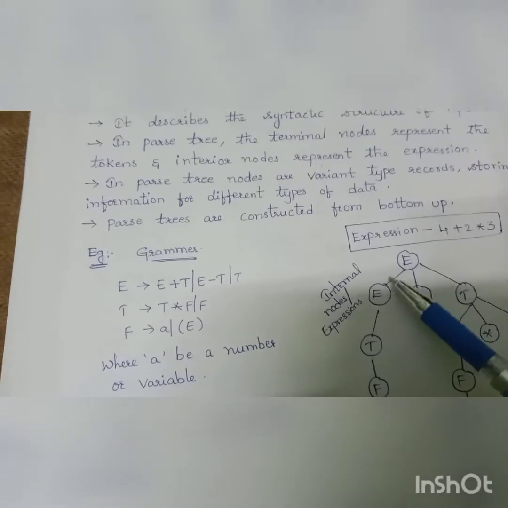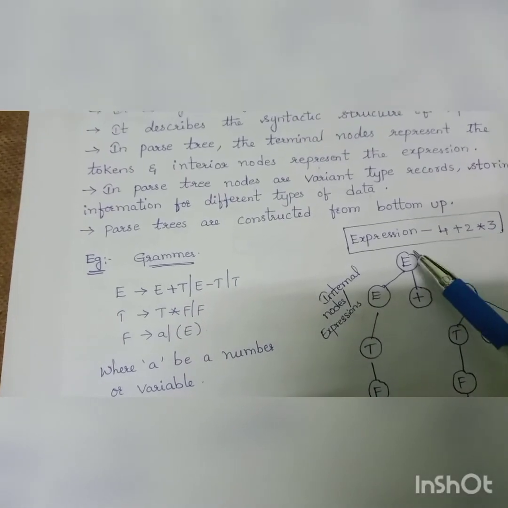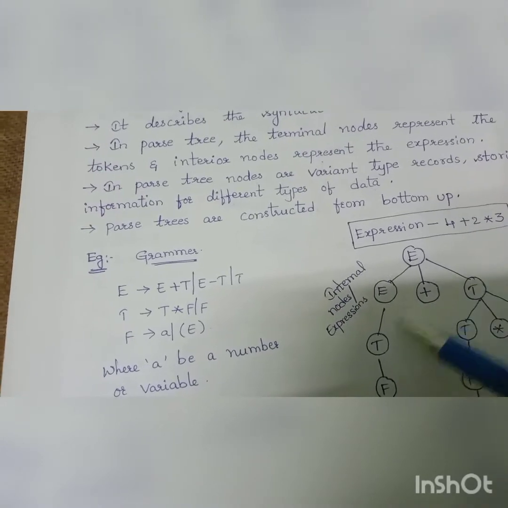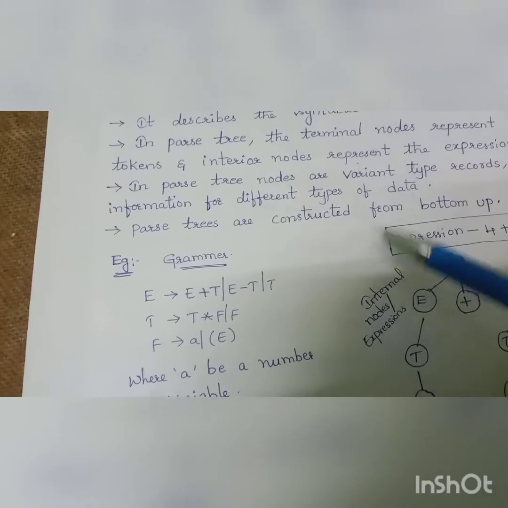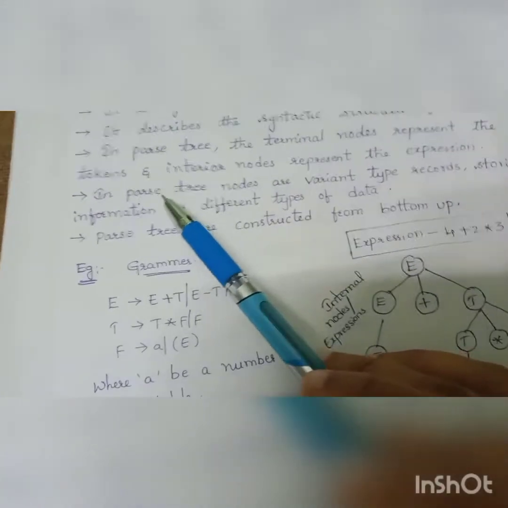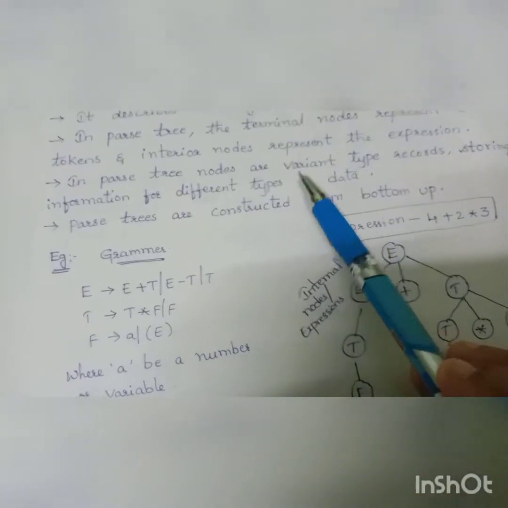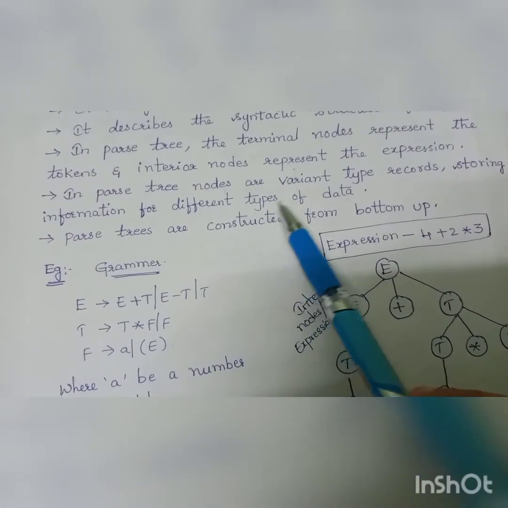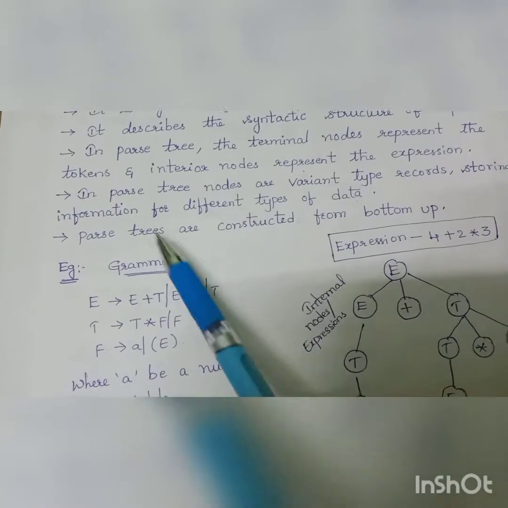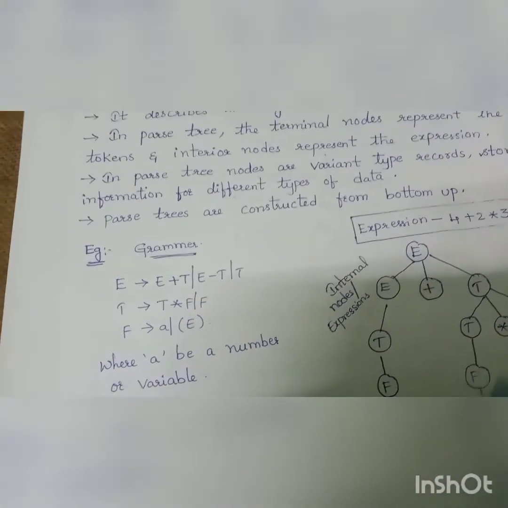If we take an example, you will get a clear idea. In a parse tree, nodes are variant type records storing information for different types of data. Parse trees are constructed from the bottom up.